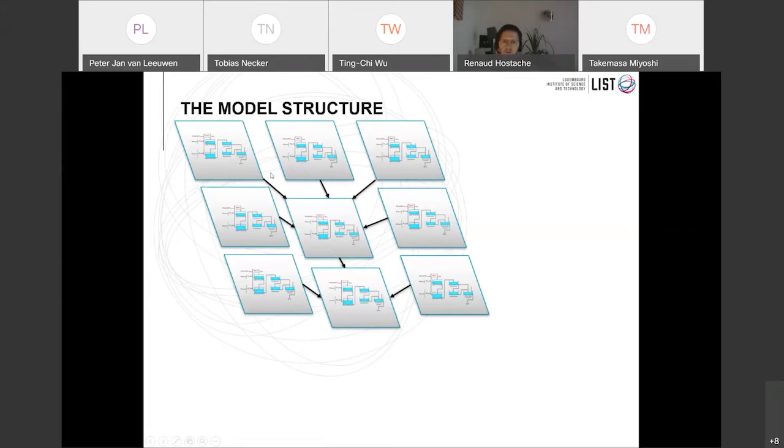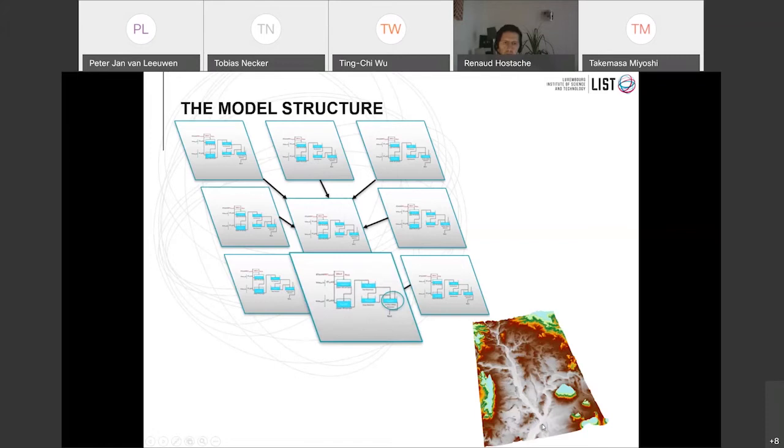Then each cell flows into others following the hydrological network, and we focus on a specific downstream cell that is used to predict flooded areas. How does this work? We have a reservoir dedicated to surface water storage, and the volume of water stored in this reservoir is distributed over the digital elevation model in order to predict flood extent and flooded area.